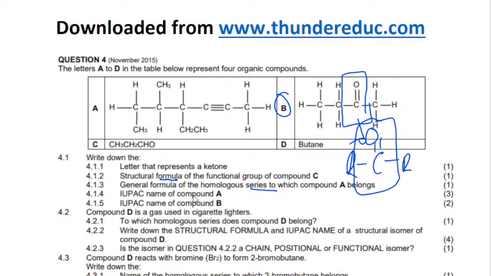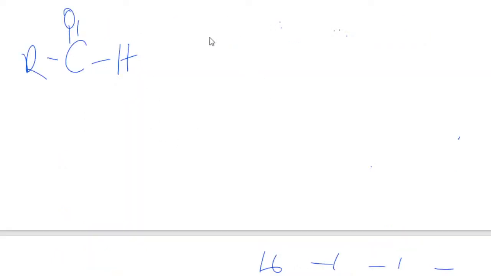So look at this general formula. They are looking for the general formula of the homologous series of A. Where is A? It is an alkyne. Don't forget that you have CnH2n+2, that is alkane. CnH2n, when you leave it like that, then it becomes alkene.